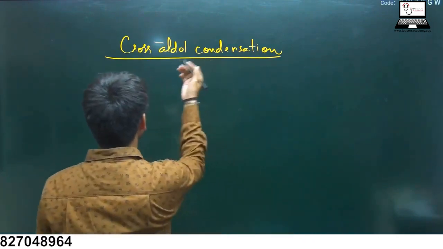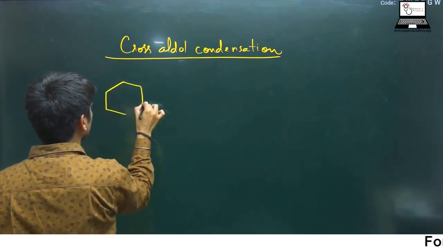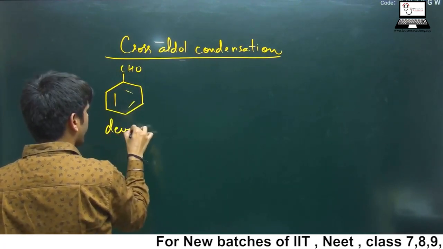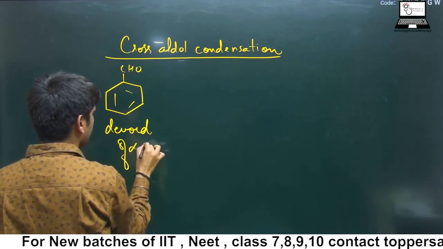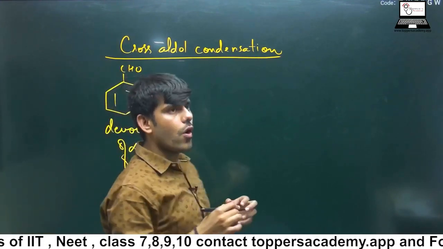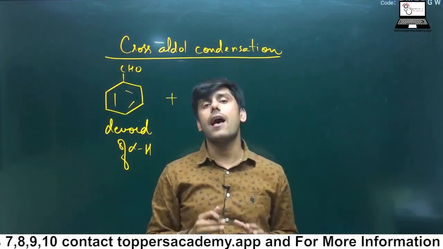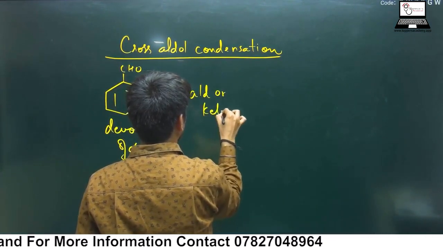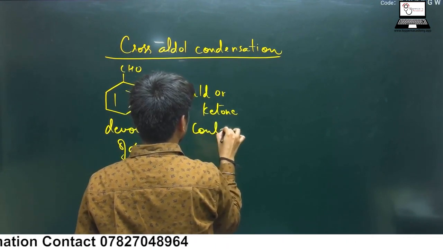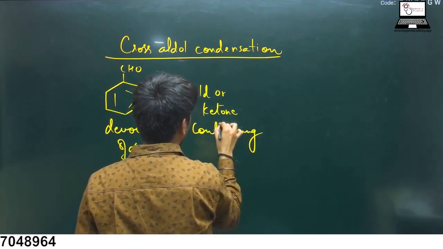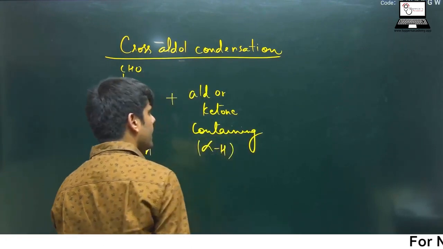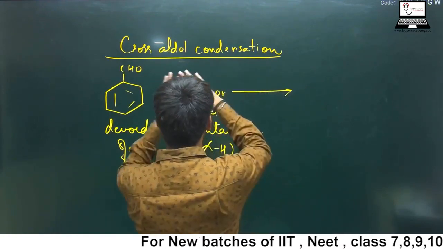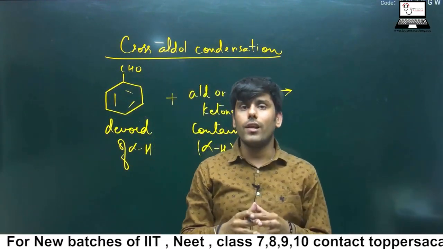So I choose one molecule which is devoid of alpha H, and another molecule of aldehyde or ketone containing alpha H. In this case, I won't have the mixture of products, and this is what I call cross aldol condensation.